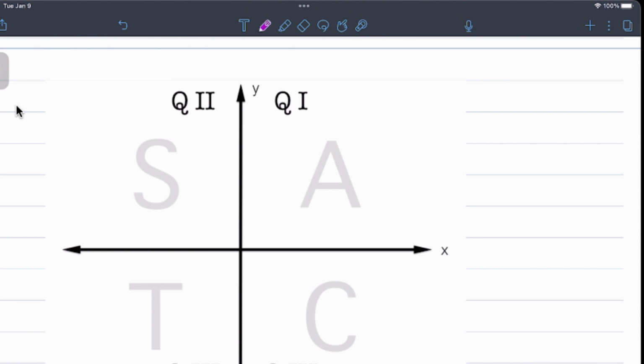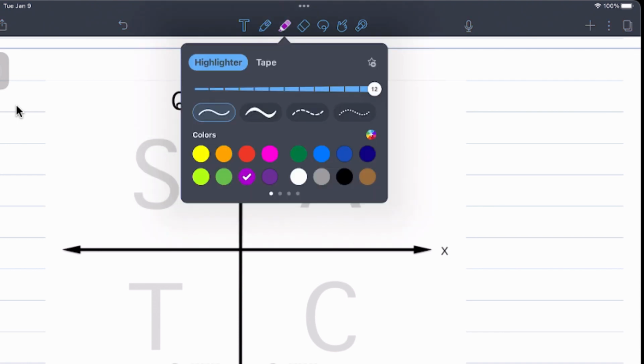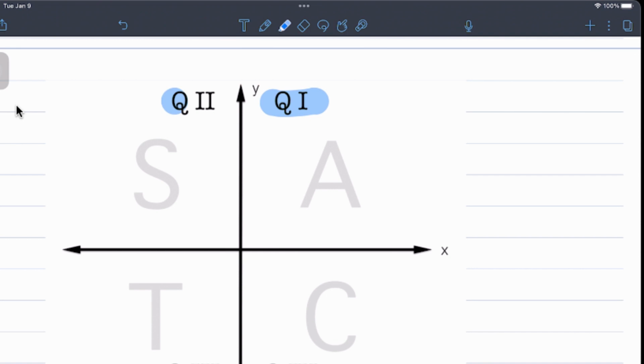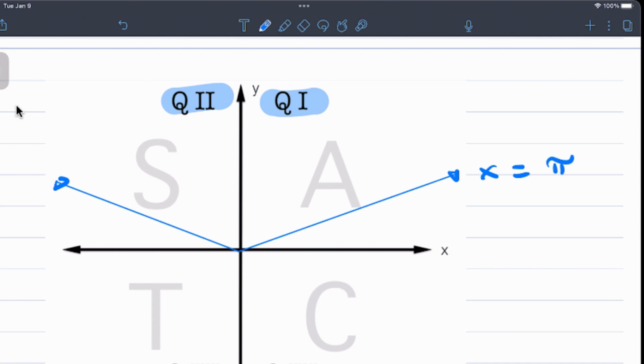So sine is positive. Let's find out. Where's sine positive again? Quadrant what? Quadrant 1, quadrant 2. So the angle is 30 degrees. Remember this reference angle, right? That's pi over 6. That's 30 degrees.